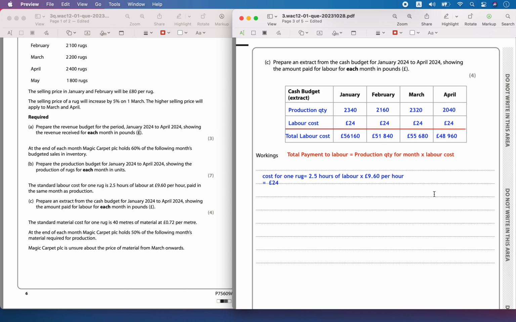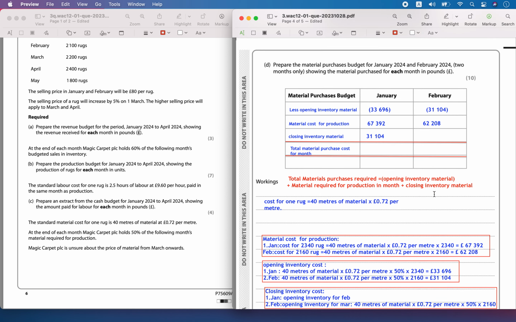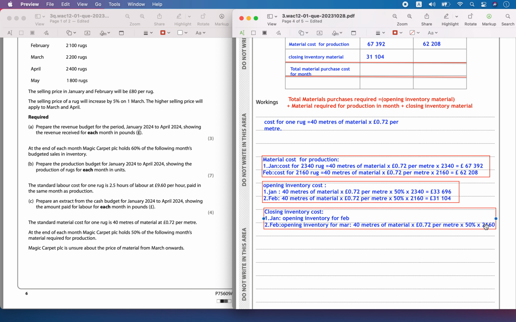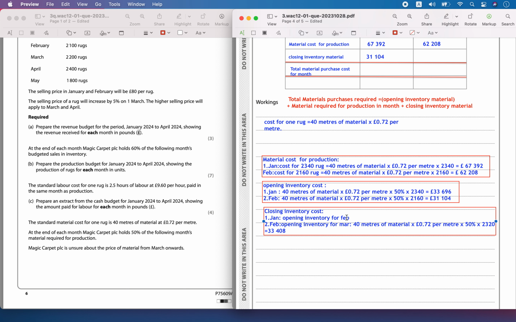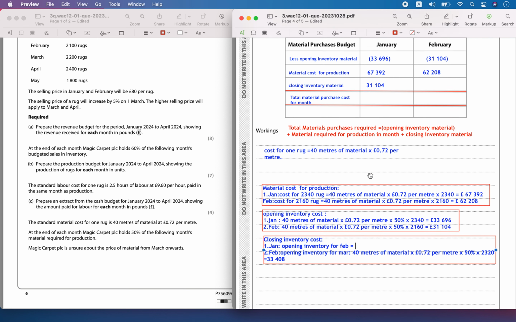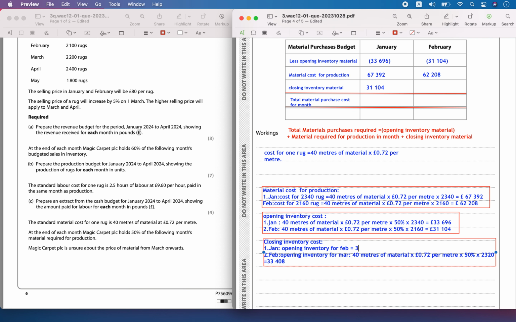For the next month, March, it is 2320. So that is going to be equal to 33408. Now these are the closing inventory for the months of Jan and Feb.